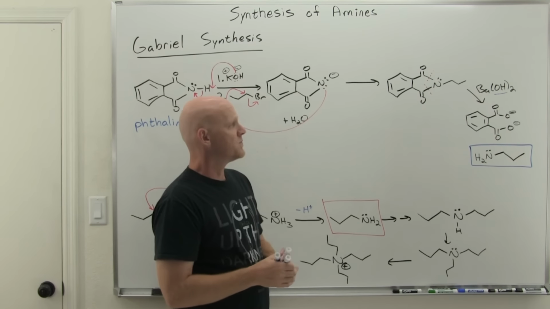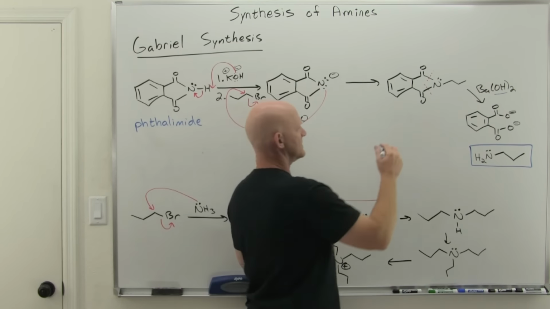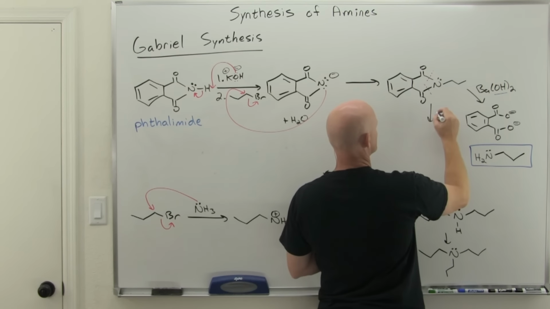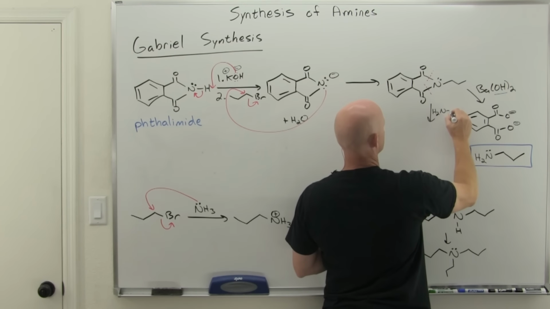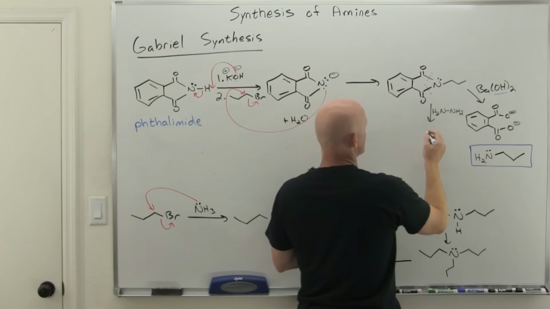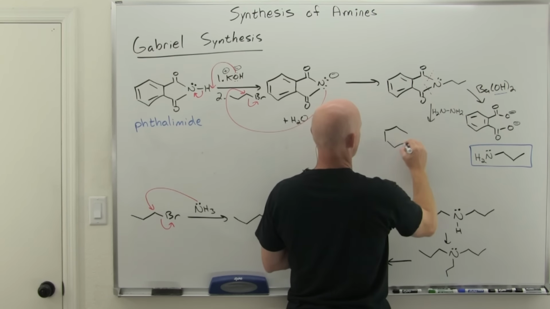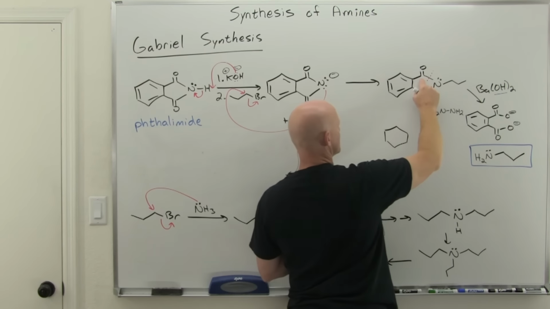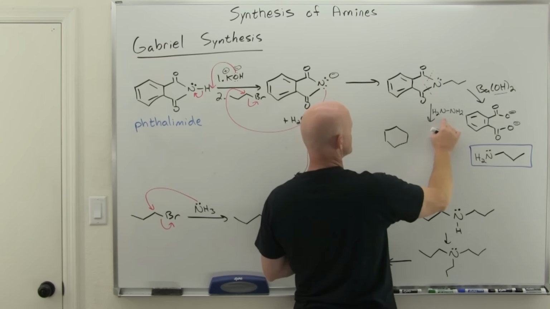Now, I do want to make you aware of one other way this reaction is actually completed. Instead of barium hydroxide, you will see it also completed with N2H4 hydrazine, or NH2NH2. In that case, you end up with a slightly different reaction. Instead of hydroxide doing your nucleophilic acyl substitution, it's going to be the hydrazine doing it.